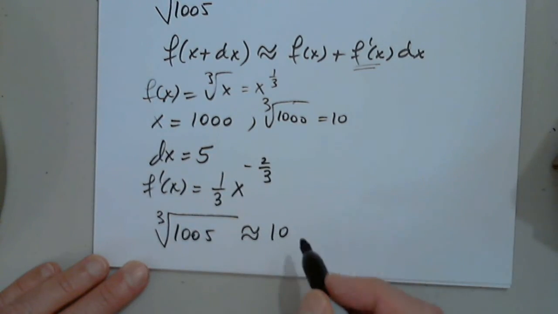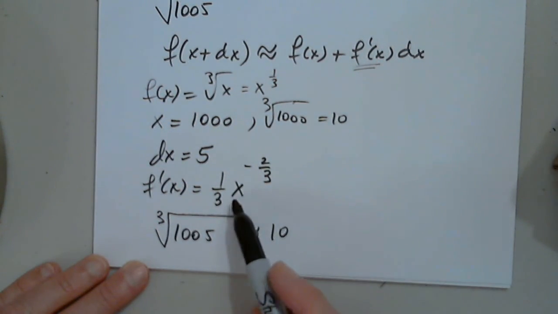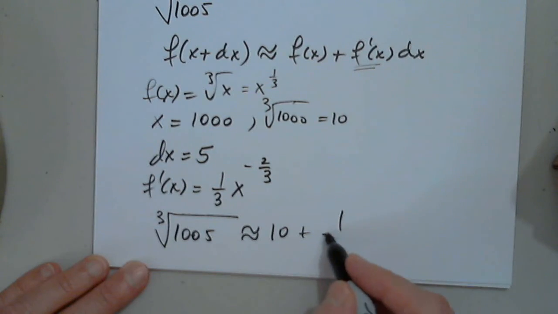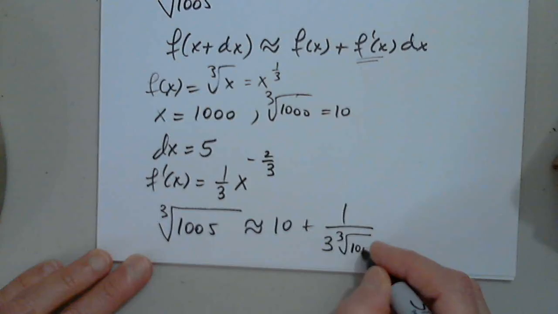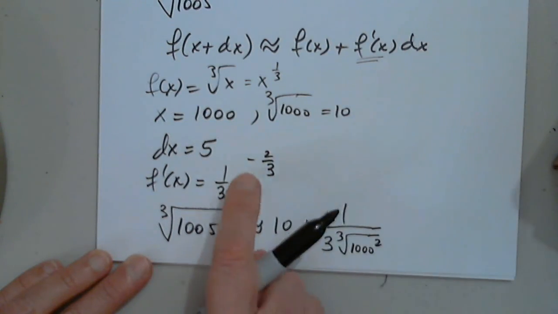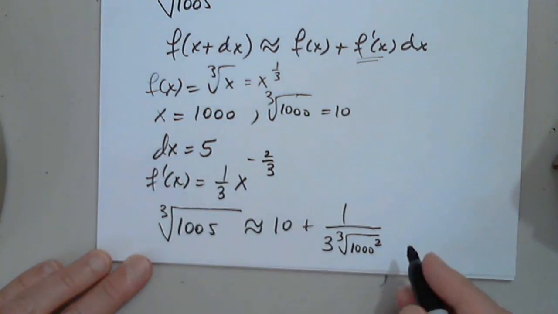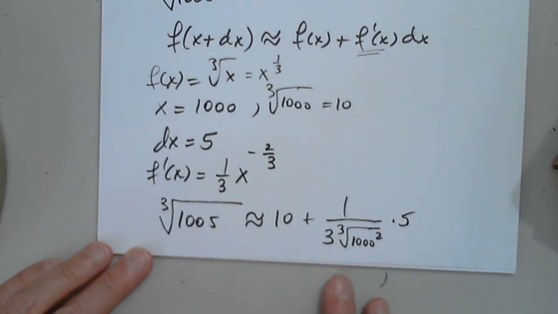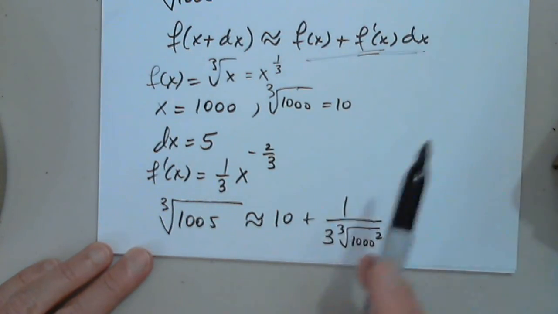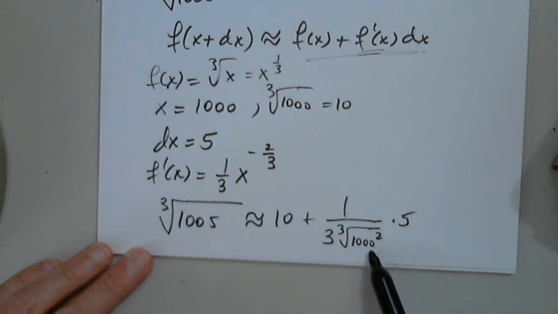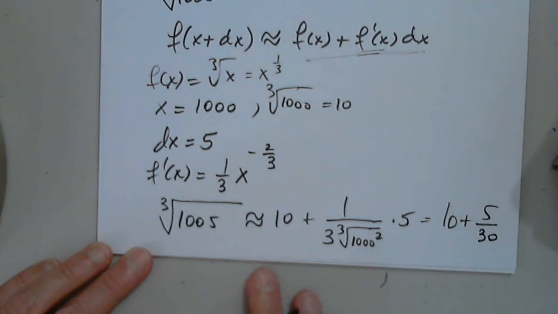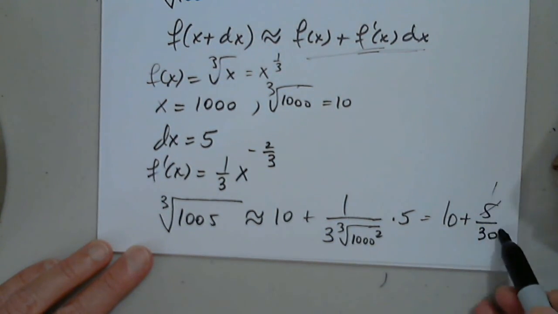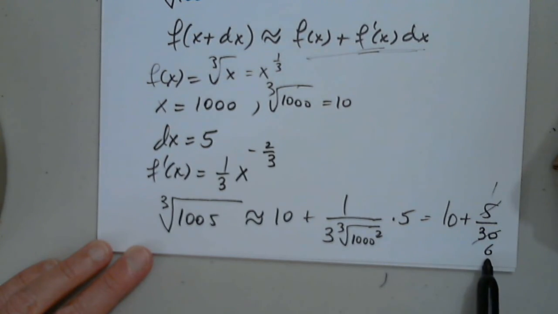So this is 10 plus f prime of this, which is positive 1/3, the cube root of 1,000 squared, times dx, which is 5. So I only filled in the formula. I didn't do anything else. The cube root of 1,000 is 10, but I have squared. So this is 10 plus 5 over 30. And I'll simplify, and I get 10 plus 1/6.